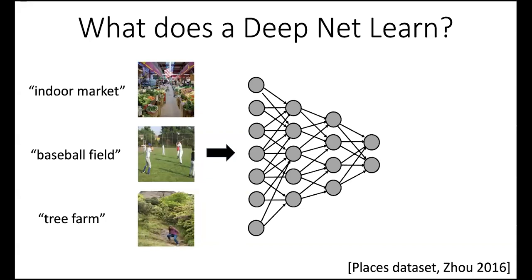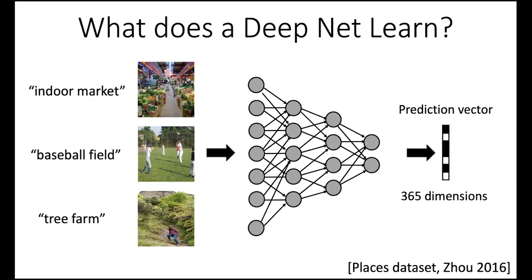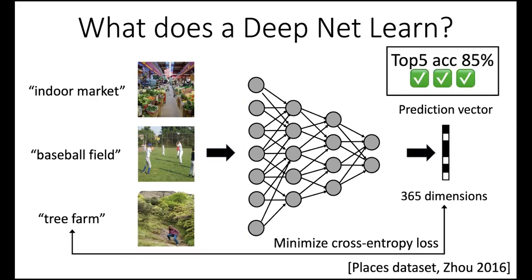But to see if the network is really learning what we hope it learns, we don't care about whether the network can predict this training image as a baseball field. What we care about is whether the network can get the idea of what a baseball field is, and we test it on a secret holdout set. If we present baseball images that the network has never seen before and it classifies them accurately, then we feel pretty good about what we're doing. We say our model is generalizing well.